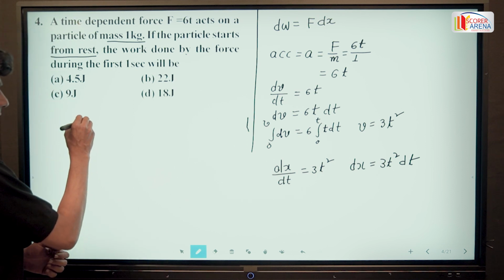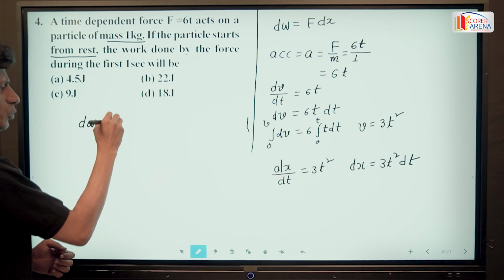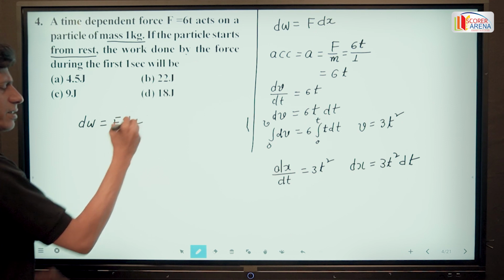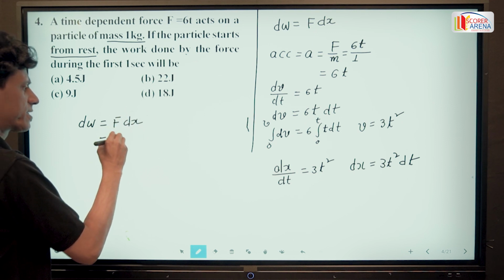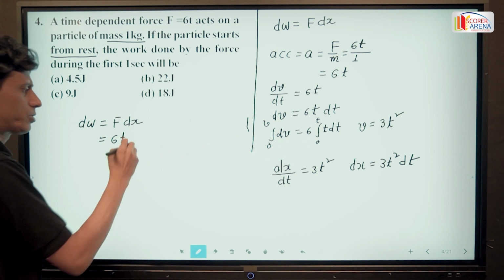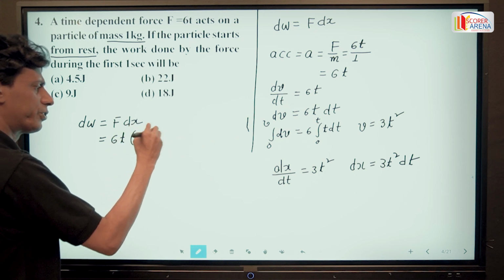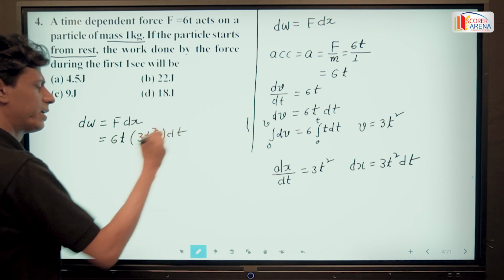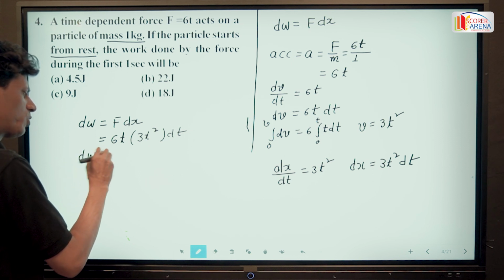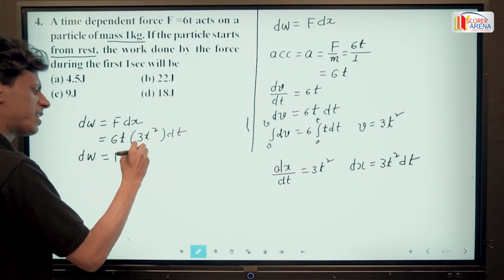So here dW is equal to F dx, and F is 6t and the value of dx is already evaluated as 3t square dt. So work done is equal to 18t cube dt.